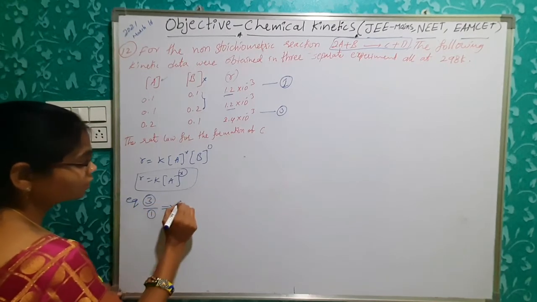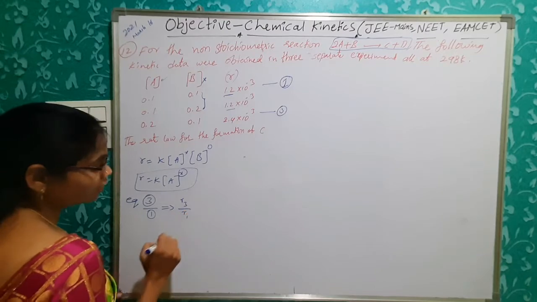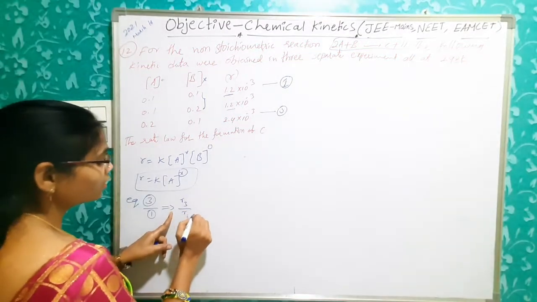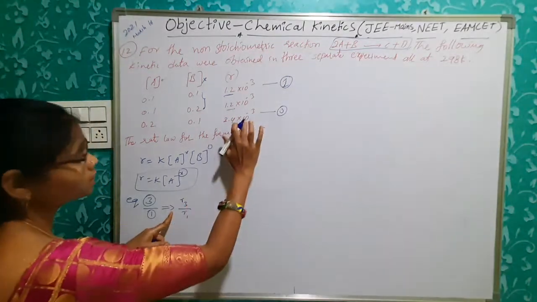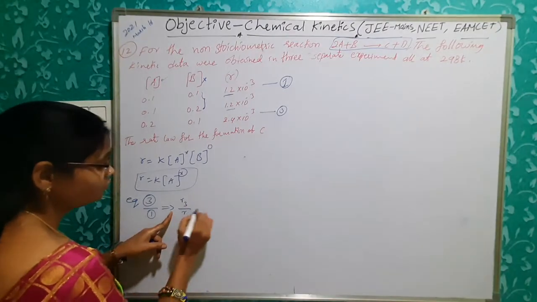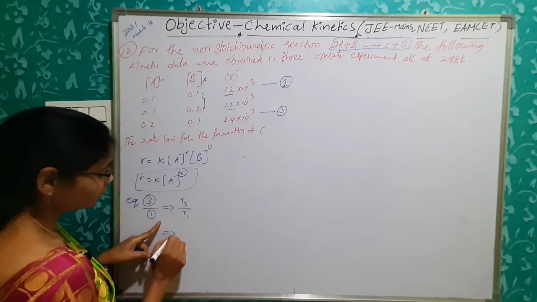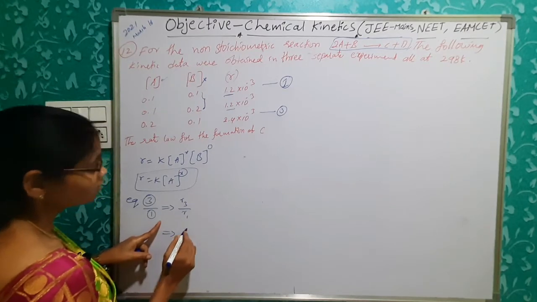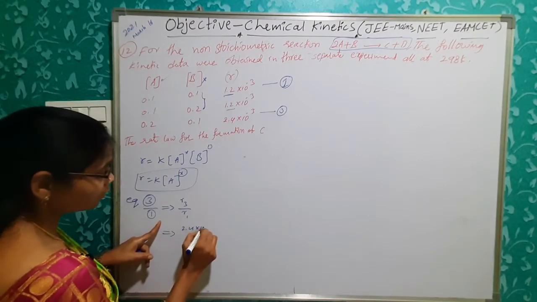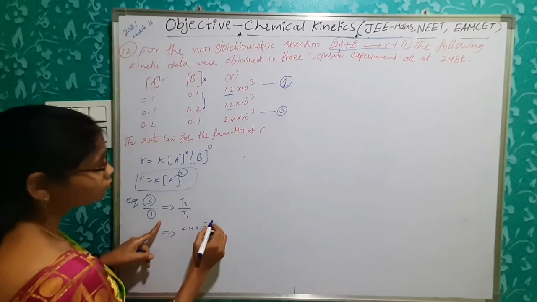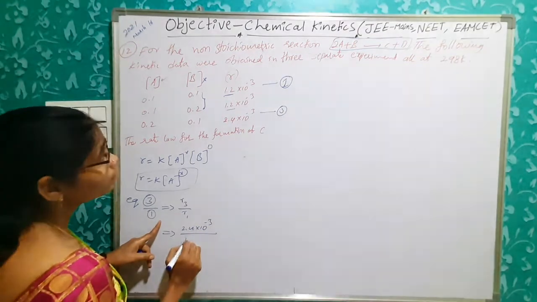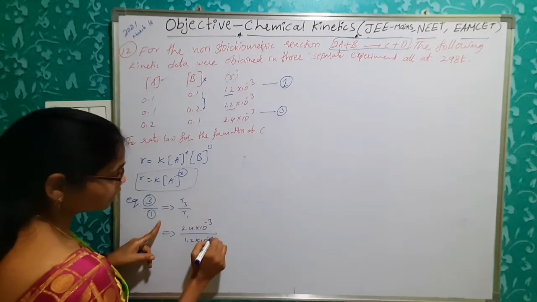So we will get R3 by R1, nothing but R3 is 2.4 into 10 power minus 3 by 1.2 into 10 power minus 3.